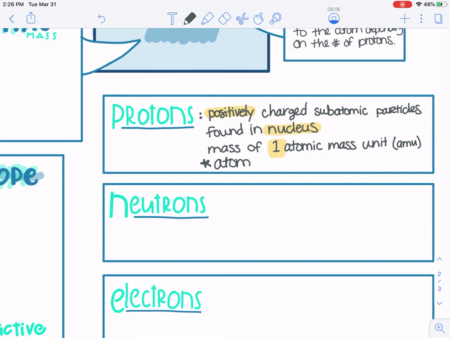Protons we need to associate with atomic number. Atomic number, protons, atomic number.